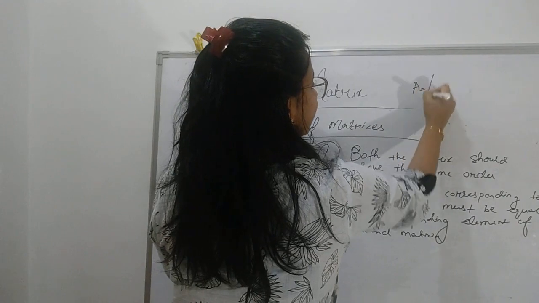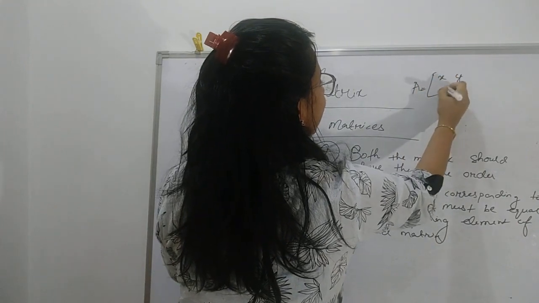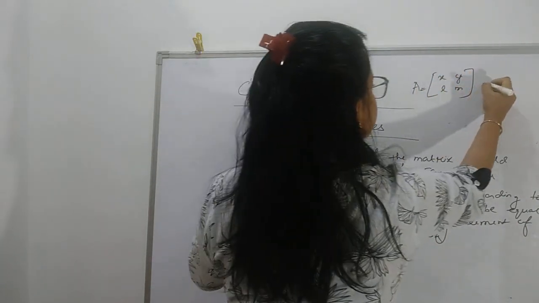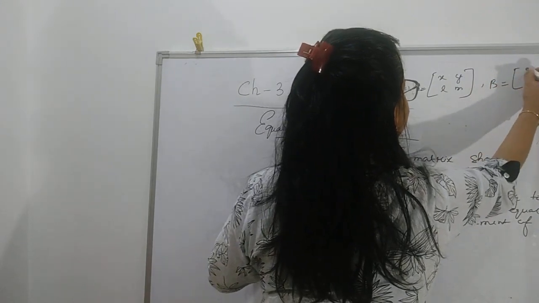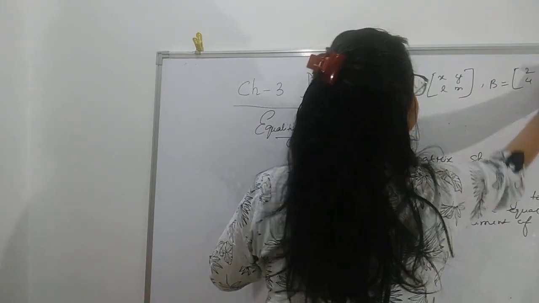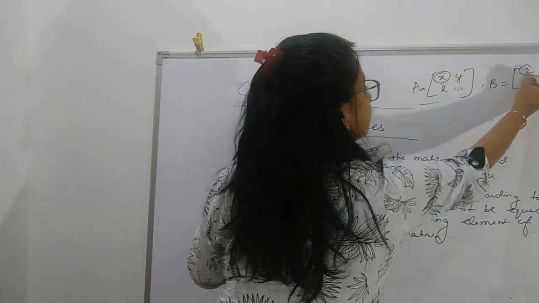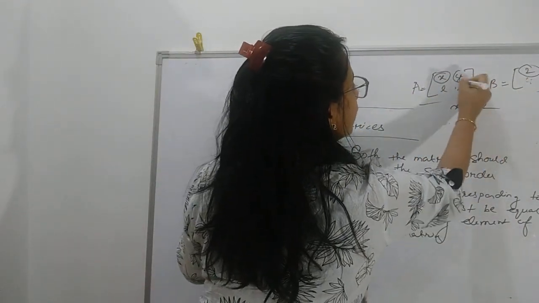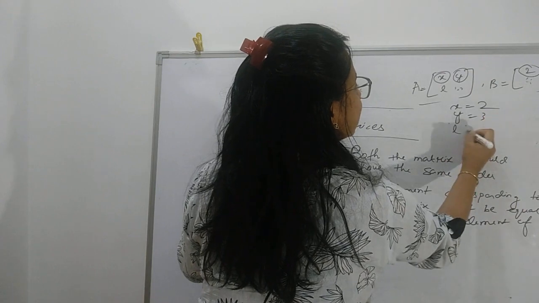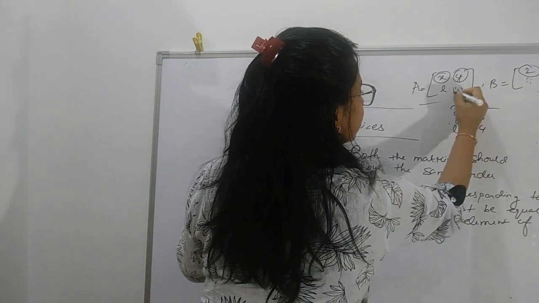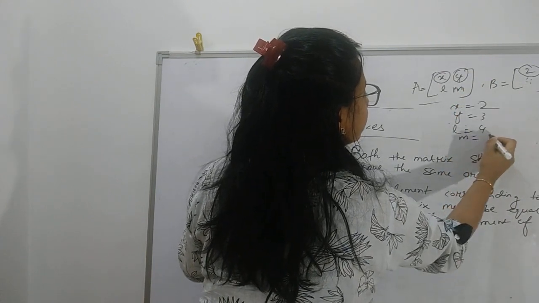Suppose A is a matrix having elements x, y, l, m, and another matrix B is there which is having elements 2, 3, 4, 5. So both the matrices are said to be equal if and only if x is equal to 2, y should be equal to 3, l equal to 4, and m will be equal to 5.